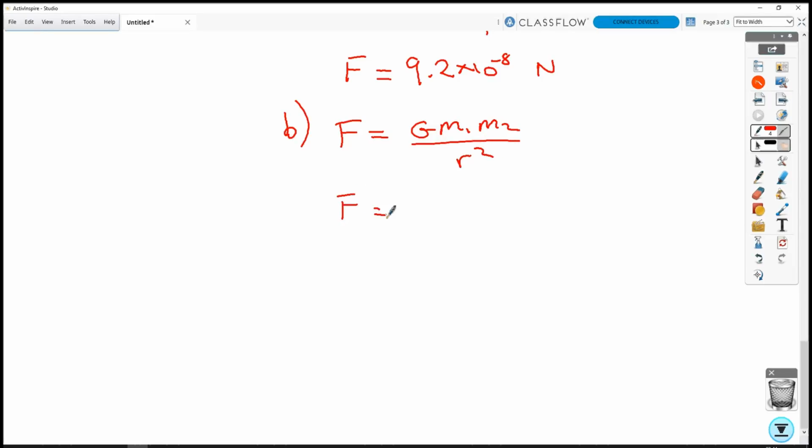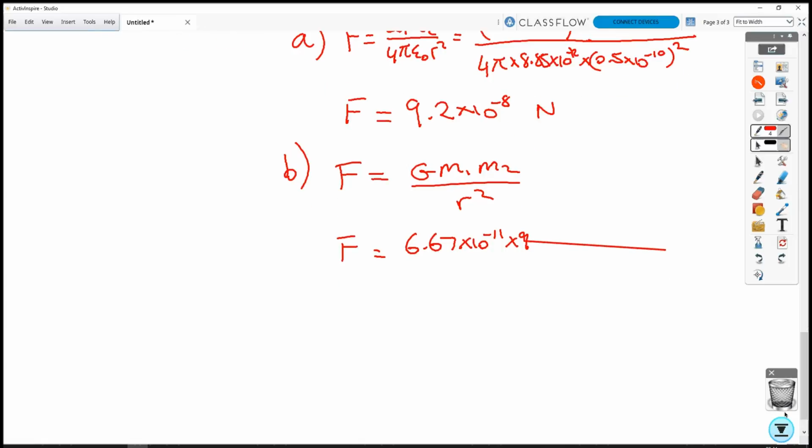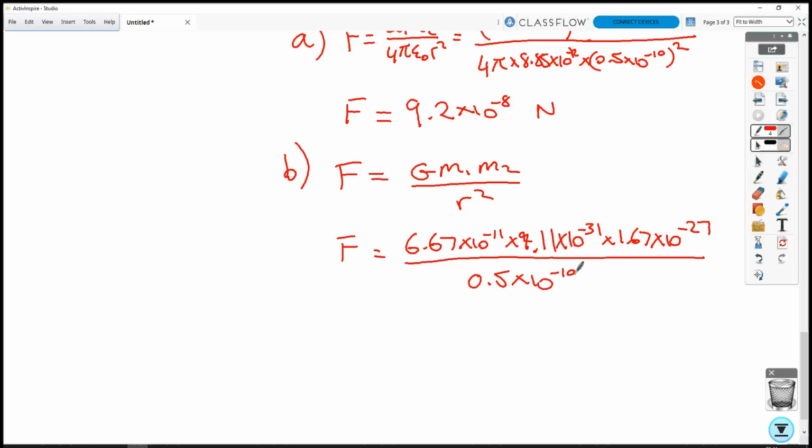So F is equal to, the value of G is 6.67 times 10 to the minus 11 times m1, so 9.11 times 10 to the minus 31, times 1.67 times 10 to the minus 27, all over r squared, so 0.5 times 10 to the minus 10, squared.